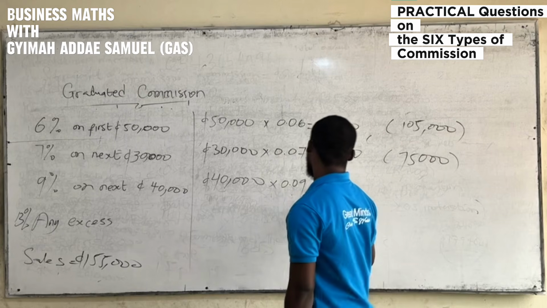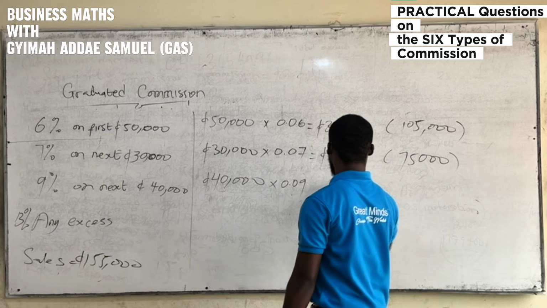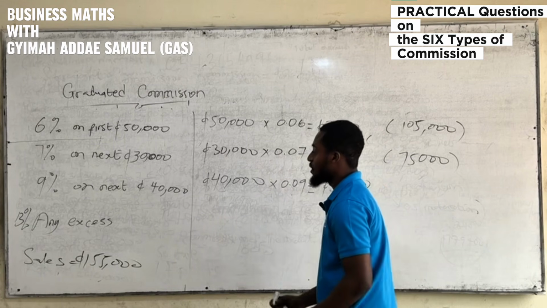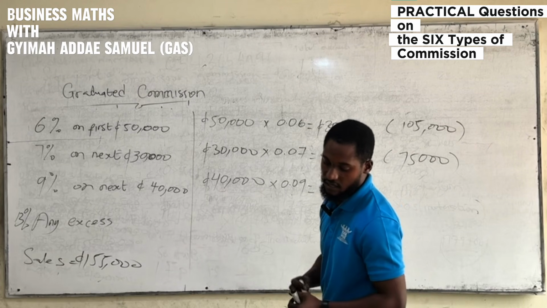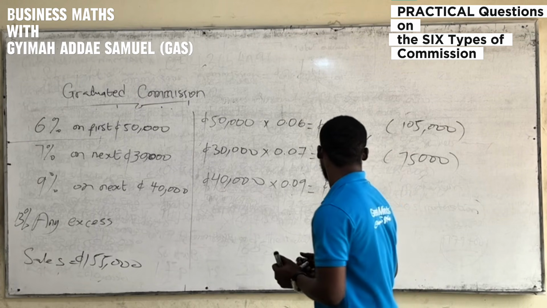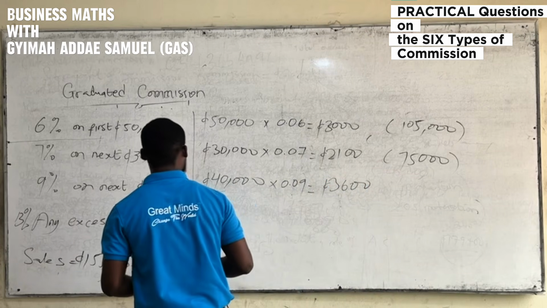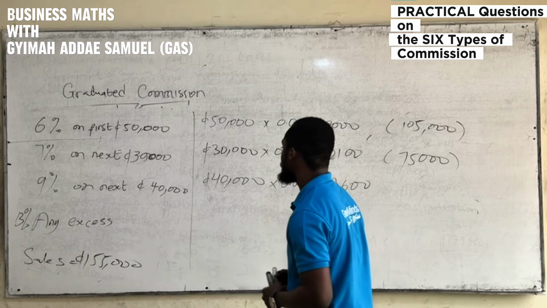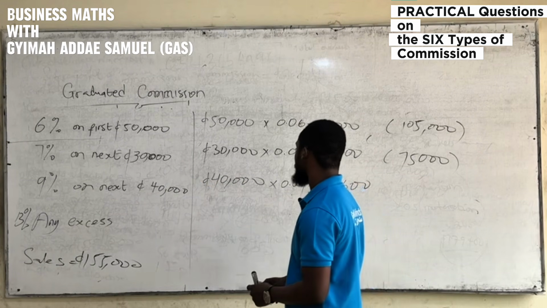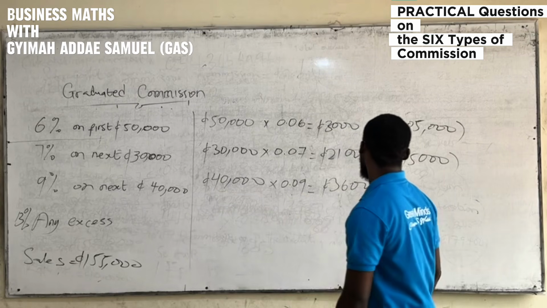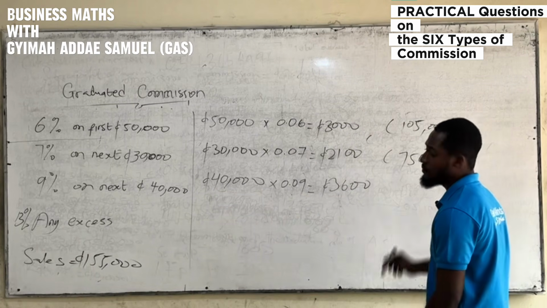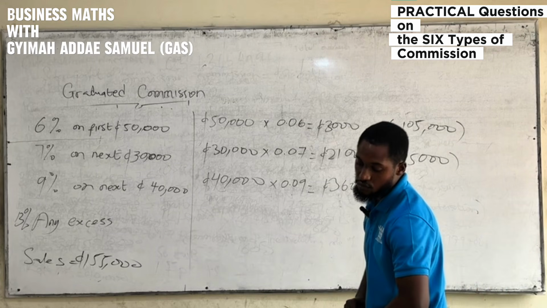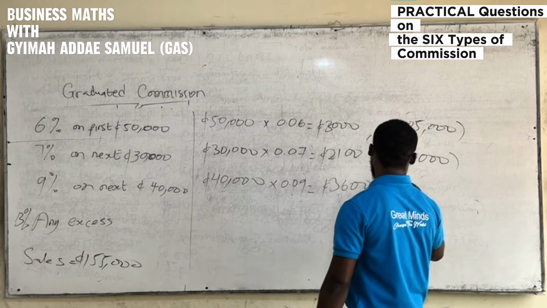And this 9% is 3,600 Ghana cedis. So now you would have to find out if there's going to be any excess. So you subtract 40,000 from 75,000, and when you do so, you are getting 35,000 Ghana cedis.